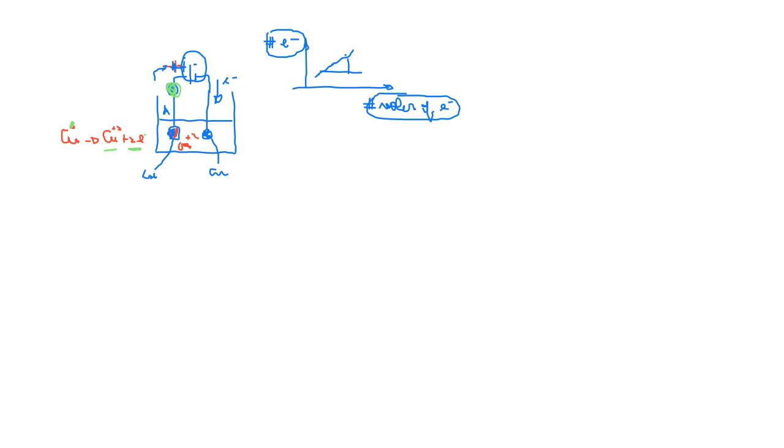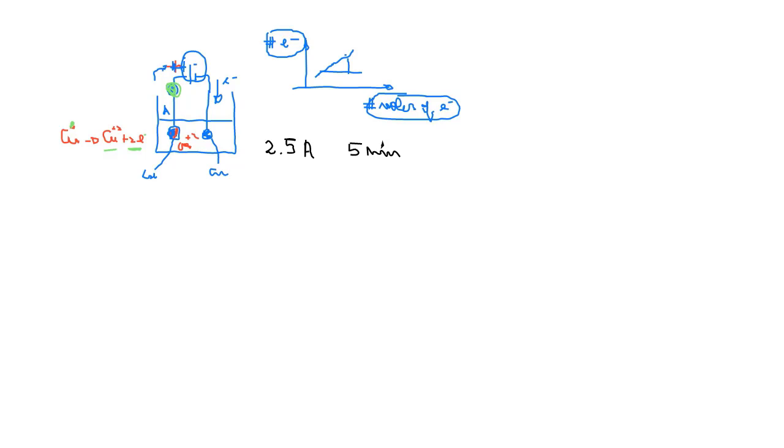For example, let's say we have a current of 2.5 amps, and that current passed through the circuit for 5 minutes.